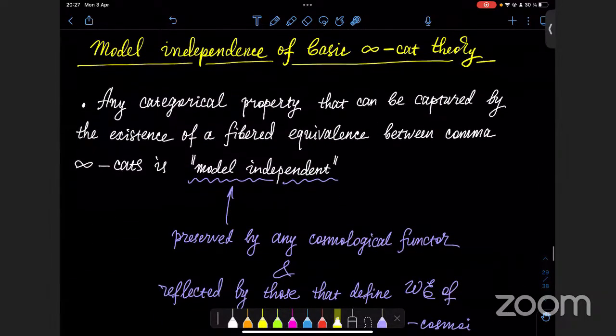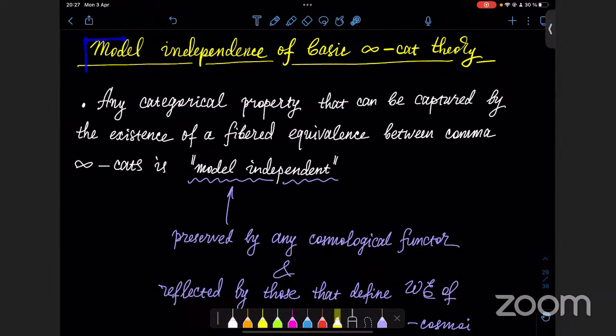Now we can say a few words about model independence of basic infinity category theory. As I said before, any categorical property that can be captured by the existence of a fibered equivalence between comma infinity categories is model independent.